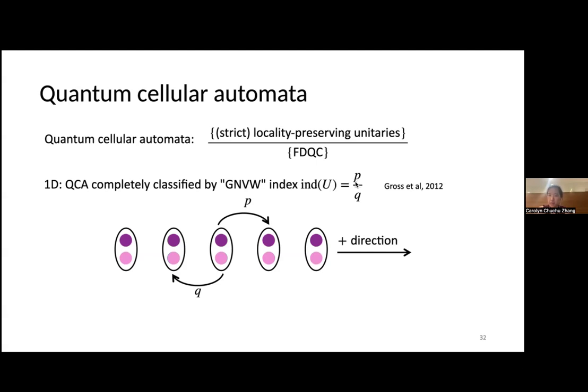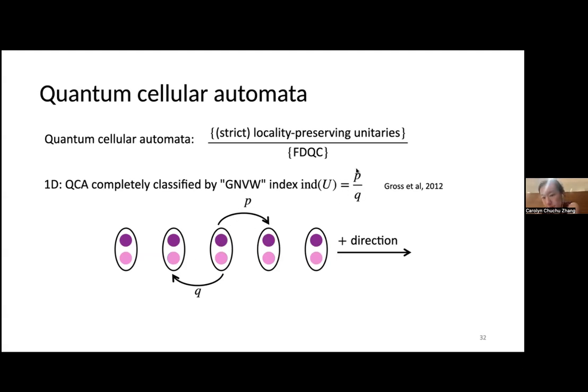So in 1+1D, the non-trivial QCA are all generalized translations, and they can be labeled by an index p over q that tells you how many qubits are translated to the right versus translated to the left, or what Hilbert space is translated to the left versus translated to the right. So for example, if this p over q is 2, what that means is you're translating a qubit to the right.